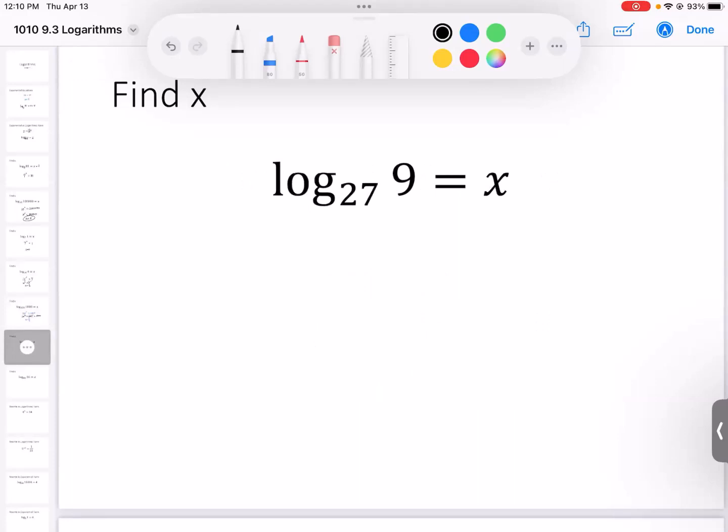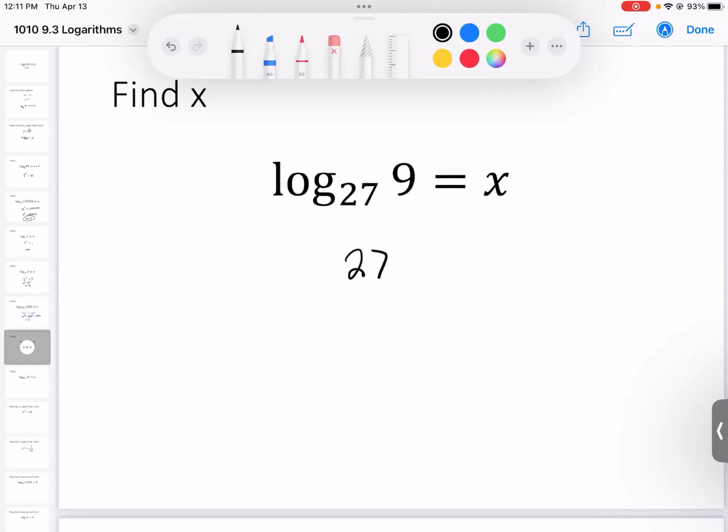So I have log base 27 of 9. All right, so if we write this in exponential form, what's the base of my power? 27.